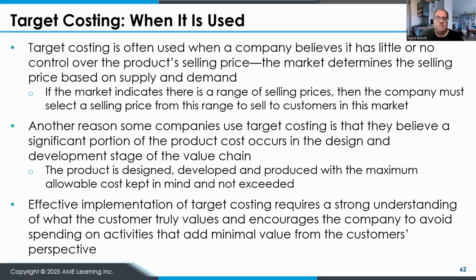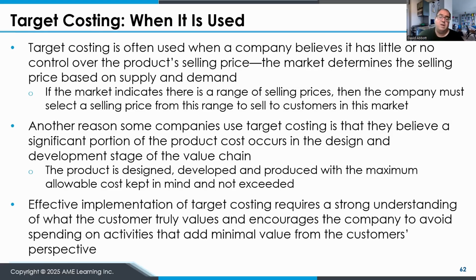Now, another reason some companies use target costing is that they believe that a significant portion of the product cost occurs in the design and development phase of the value chain. Remember, we looked at the different processes that a product goes through from conceptualization all the way through to being developed, manufactured and sold.